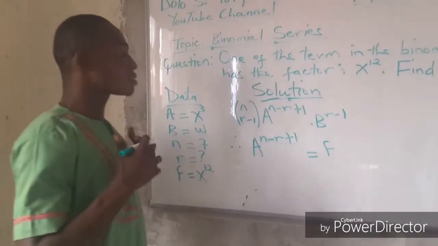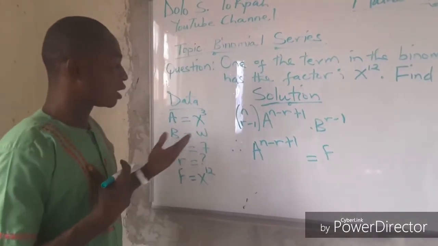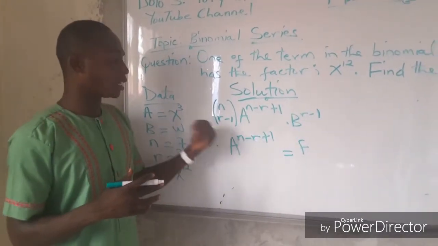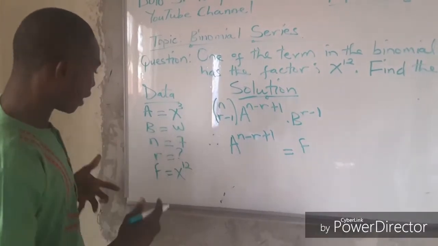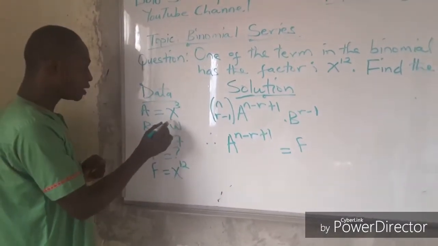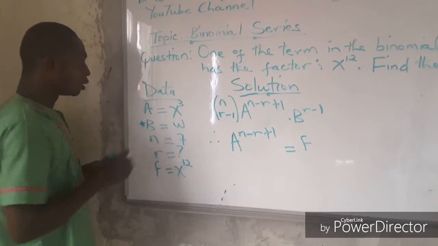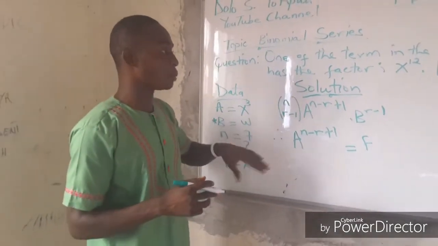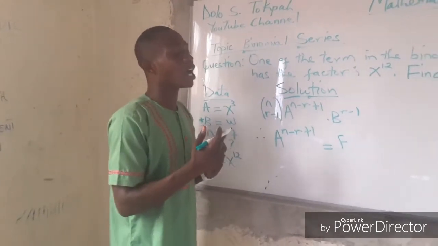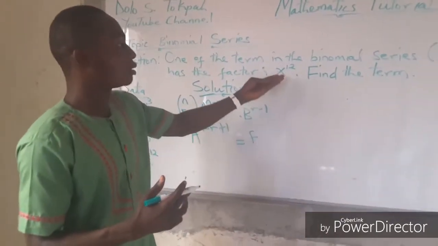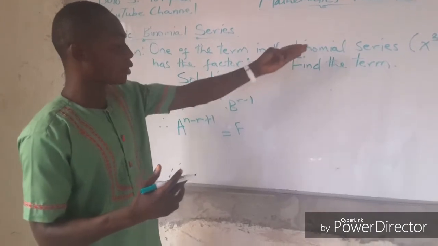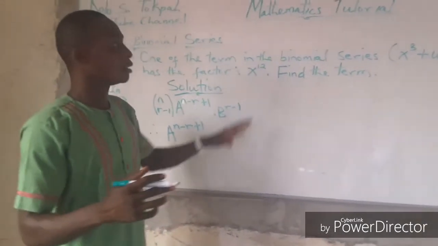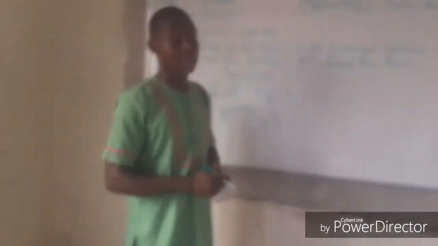In this slide, the next step is everywhere we find a, we put the values of a coming from our data, and then we find n and r plus 1. For b here, we only highlighted it, but b will have no role to play in this problem because b does not have anything in line with the factor and that of the values of a. That means to say it does not have a base that is of the same kind.